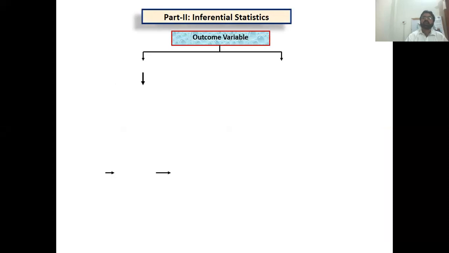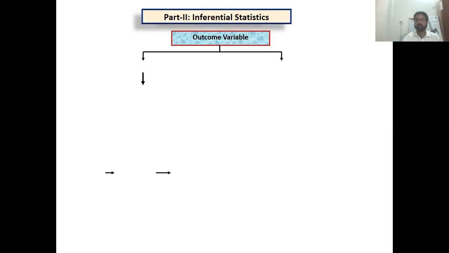Now coming to the inferential statistic, this is the second part. If you have a research question in which you have to test a hypothesis, then you have to apply inferential statistics. And again, it depends upon your outcome variable, the variable that you are going to test in your hypothesis.